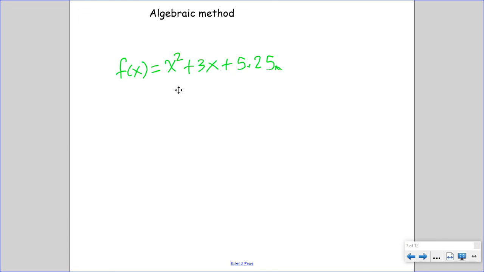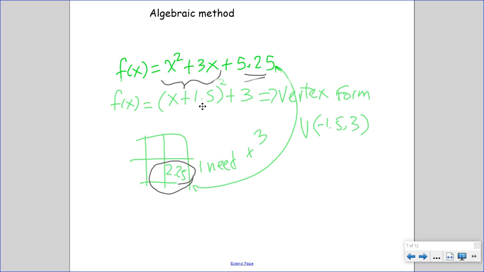And by now we realize that we're looking at x plus half of 3, which would be 1.5, which would be x plus 1.5 squared. And when I square 1.5, my outcome is 2.25.